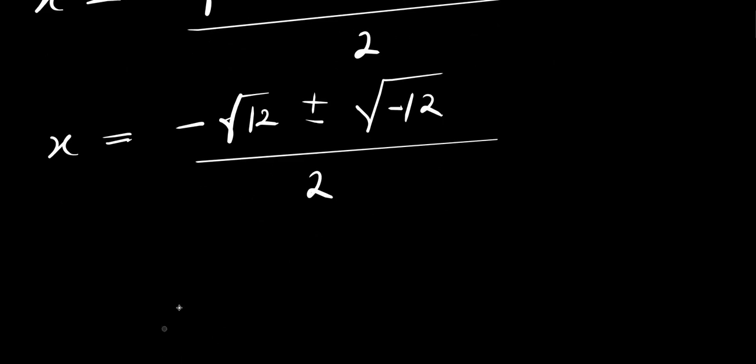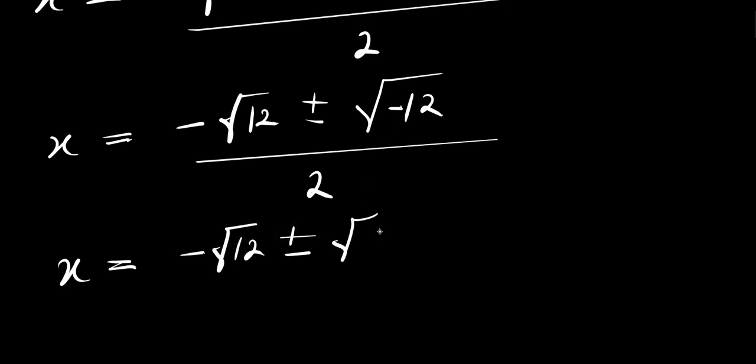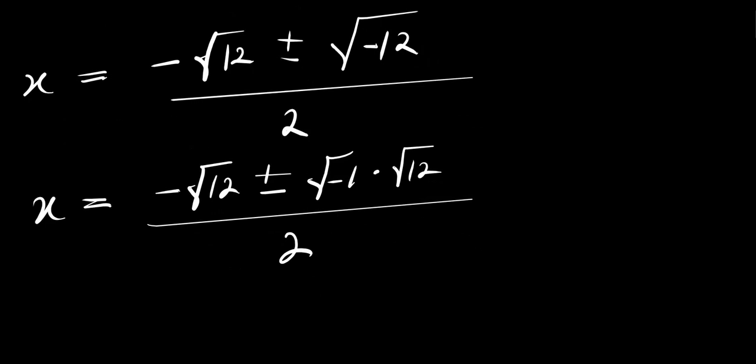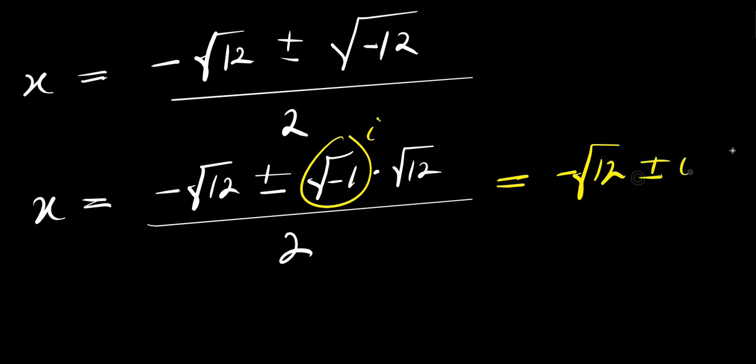So from here, we have x equals negative root 12 plus or minus square root of negative 1 times square root of 12, divided by 2. So I utilize i. This is negative root 12 plus or minus i times square root of 12, divided by 2.